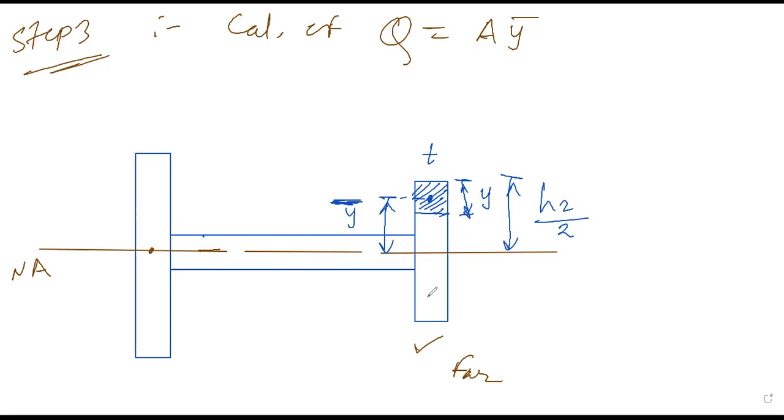Similarly, there is another part here also, which is again the same. So whatever Q is equal to A y bar, you have to multiply by 2, because we can split this into two equal parts, the lower and the upper region, both equal. We will consider only the upper part and multiply by 2.